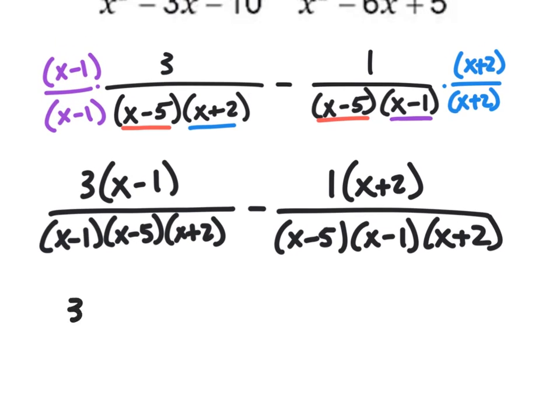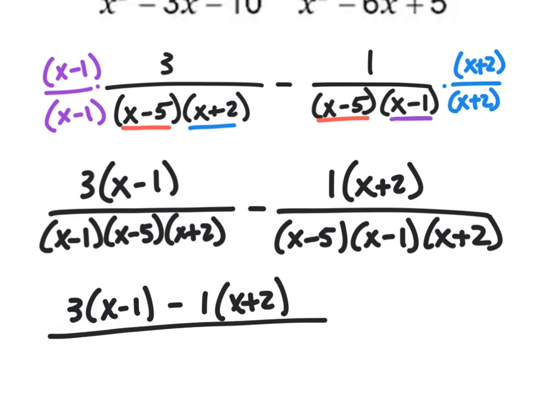And I'm going to do 3 times x minus 1 minus 1 times x plus 2, and this is all going to be over the common denominator of x minus 1, x minus 5, and x plus 2. Okay, so now let's take a look at what we have.